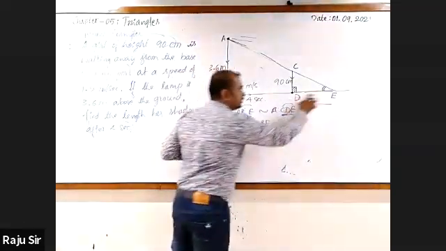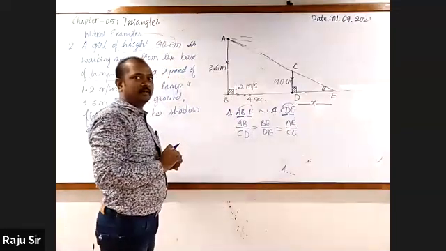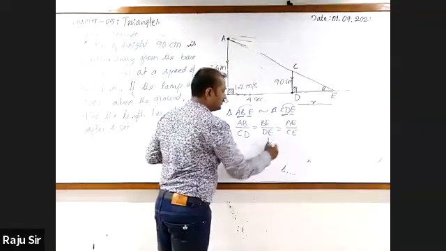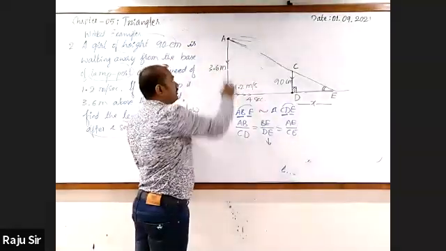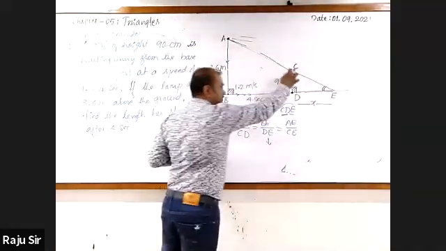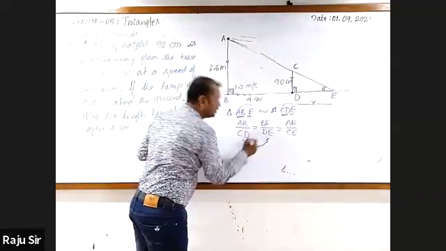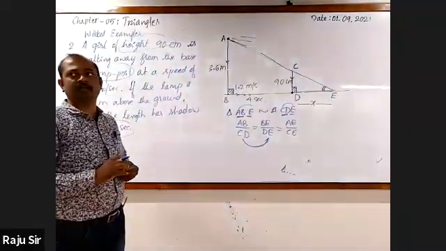We want DE. Where is the D? Here. And what has been given? AB is known, CD is known. Hence, we shall use these ratios to find out the length of the shadow of the girl.